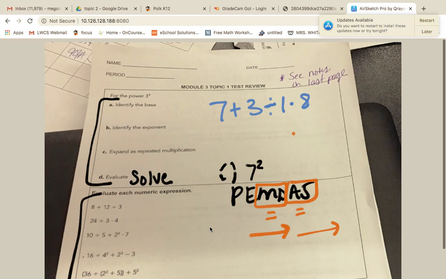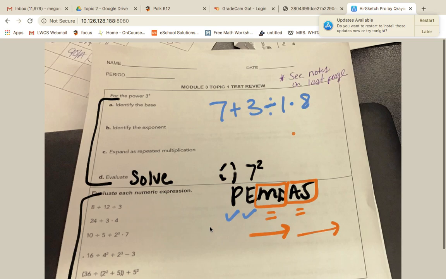Nope, so I'm done with this. Do I have any exponents? Nope, so I move on. Do I have any multiplication or division? Yes. So I look left to right, starting at my 7, and I move across. And I notice right here I have division, but I also have multiplication. You have to do the division first because it came first.